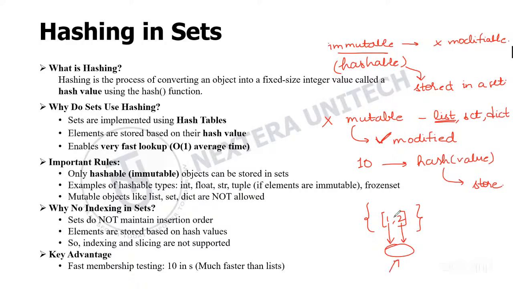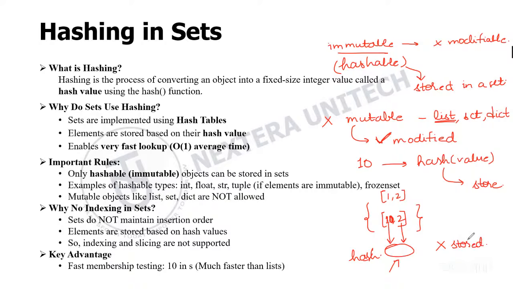But as it is mutable, if I change 1 to 10, the hash value will also change, right? The hash value of the list 1, 2 is different from the hash value of 10, 2. So the hash value will change. Then Python wouldn't know where it is stored.